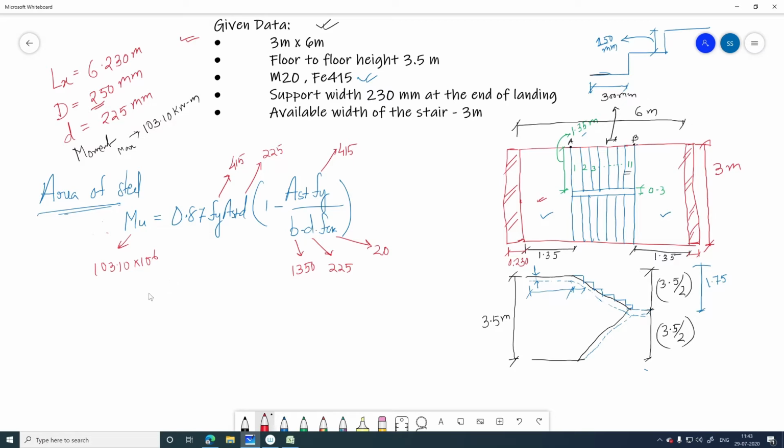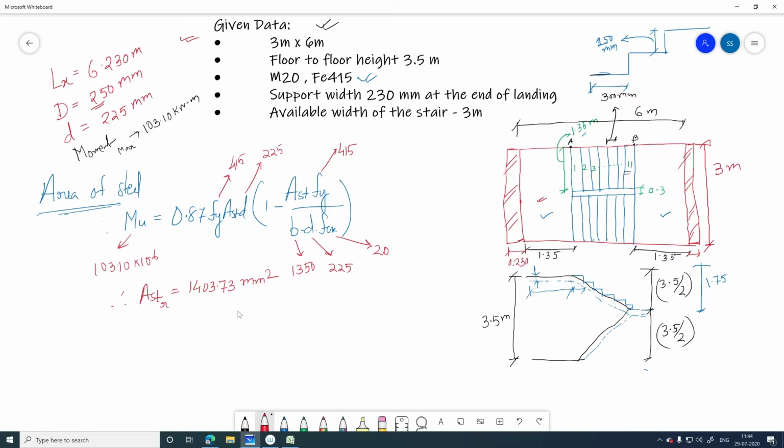So the value that we get after calculation is Ast equals 1403.73 mm square. Okay, so this is the Ast required.